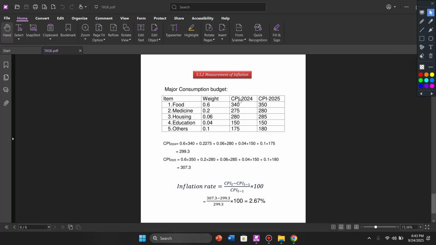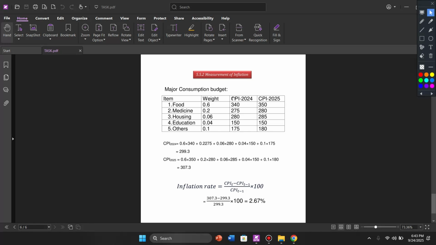And we can see there are CPIs given for 2024 and 2025. At first we have to determine the overall CPI of a certain year. For the CPI of 2024, you basically have to multiply the weight with the CPI of food, medicine, housing. So we can see 0.6 into 340. We multiply these two, and the answer becomes almost 300.